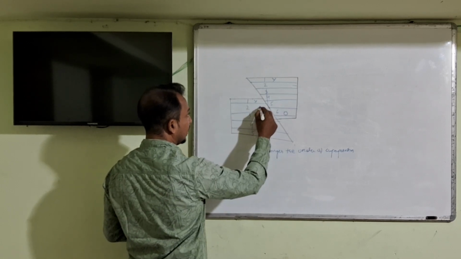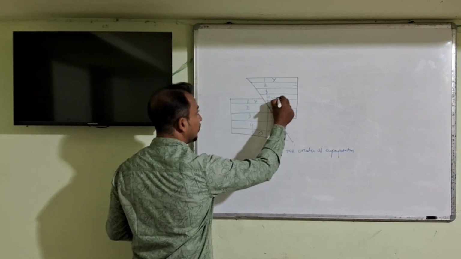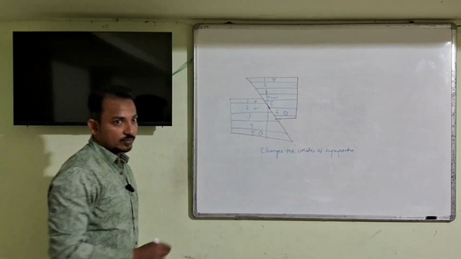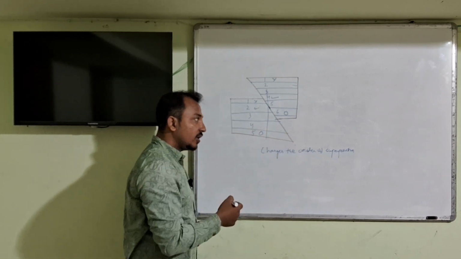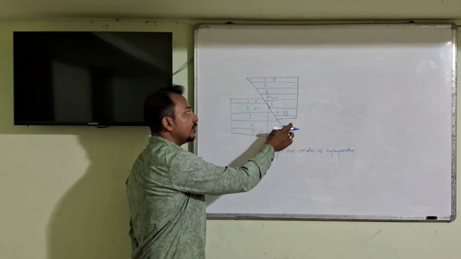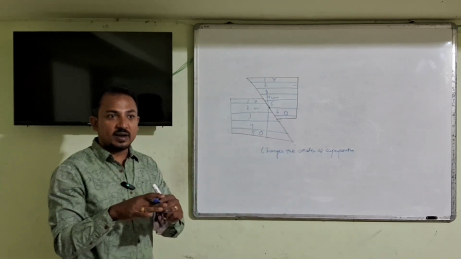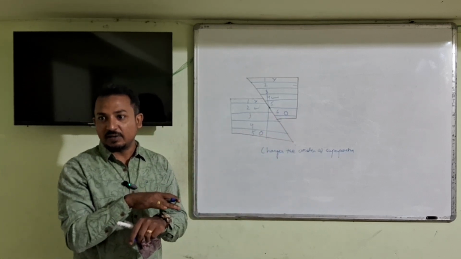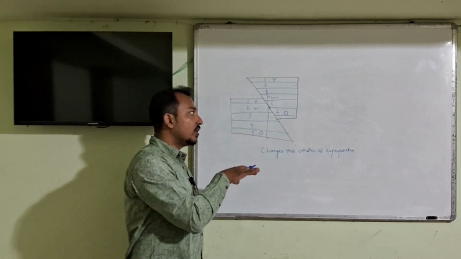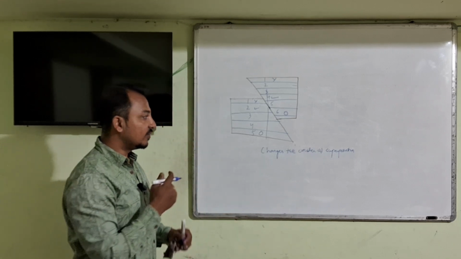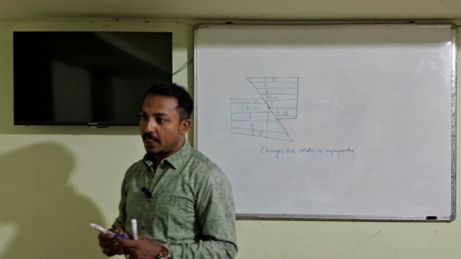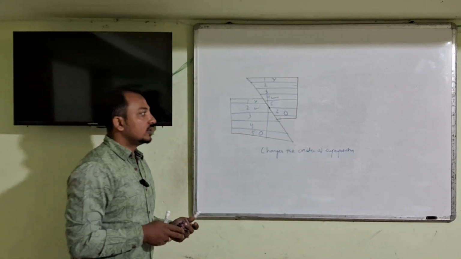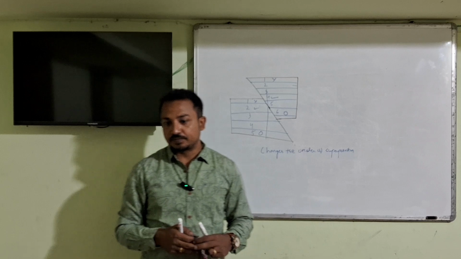Now here in this case, 4 is older than 2. So reverse fault brings the older bed over the younger one. So it reverses the order of superposition. So this is your reverse fault case.